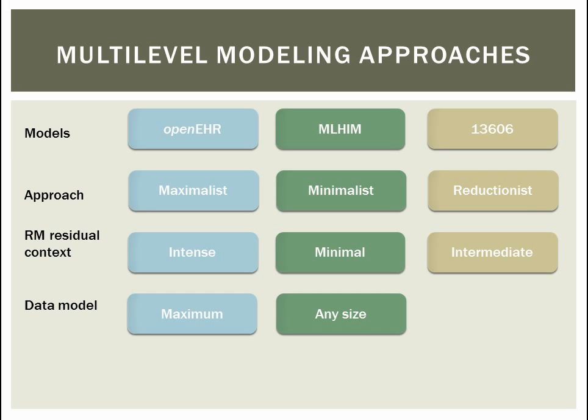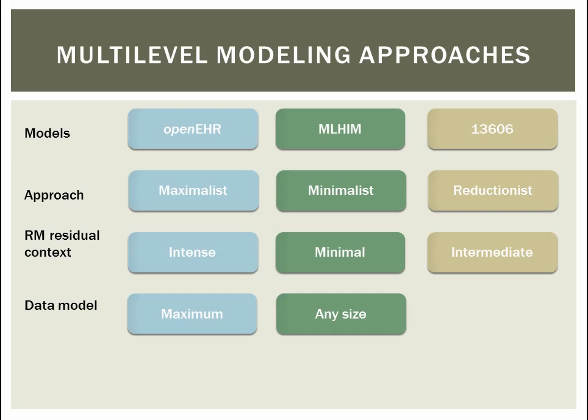In MLHIM, the data model can be of any size. It can be smaller than a concept. You can divide a concept and make more than one CCD for a given concept. It can be a maximal data model or something close to that, because we know that it's difficult to have a maximal data model for any concept in medicine because of the Cavallini-Cook conjecture, which states that consensus between healthcare experts is difficult to achieve, if not impossible.